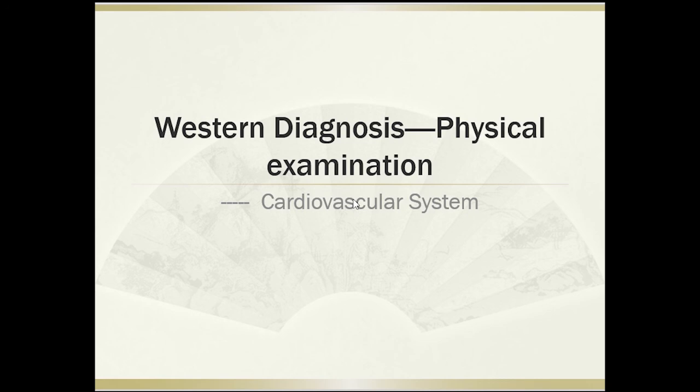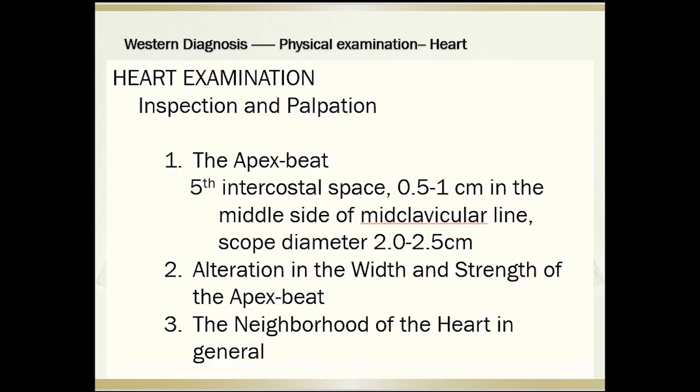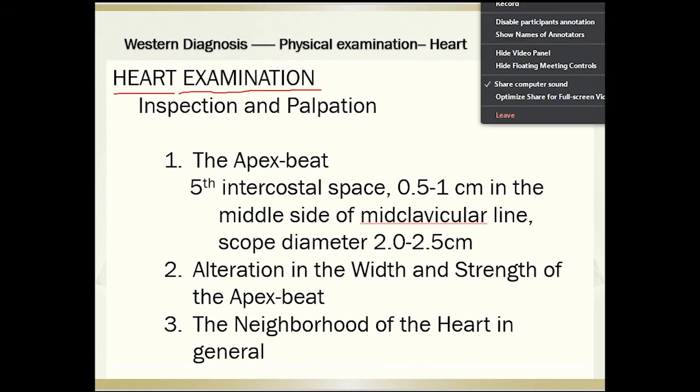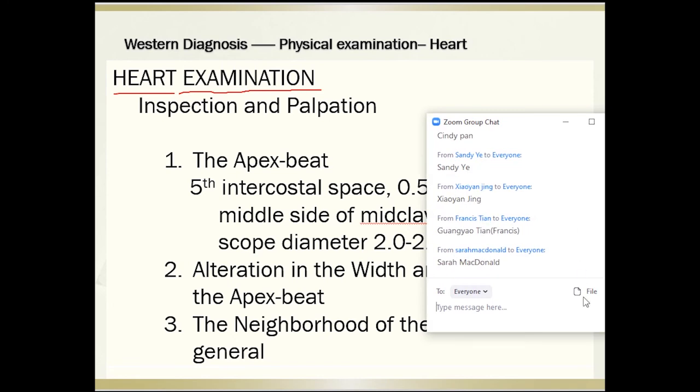Today we're talking about cardiovascular system examination. Mainly we go to the heart. We are not truly going to blood vessels. Mainly we go to the heart. And then we still follow the four ways of checking examinations.